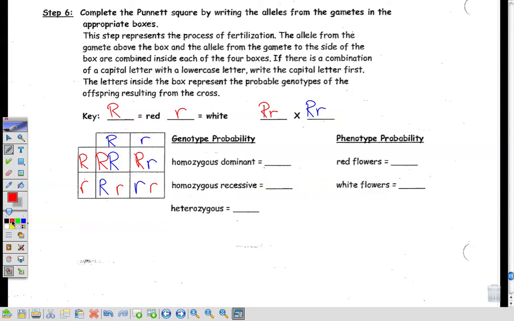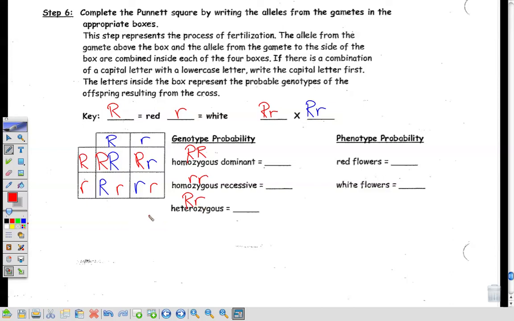So now we have our probabilities of our genes and probabilities of our traits, our phenotypes. So when we think of the genotype, homozygous dominant is going to be two capital letters. Homozygous recessive, two lowercase letters. Heterozygous is one of each.